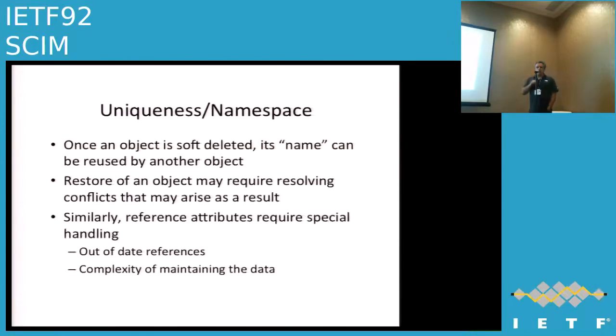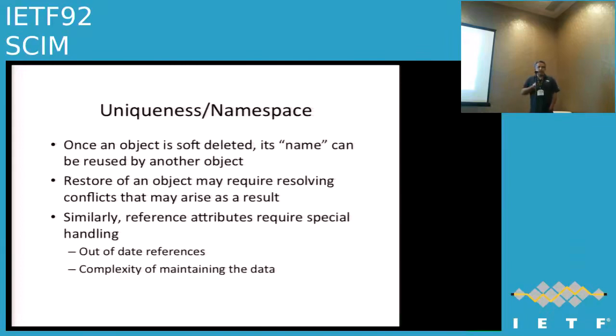Uniqueness is obviously the key part of this, because one is the first semantic that we really want to be able to recreate objects, and a really important part of it is that you may end up with a conflict when you try to undelete an object, because you allow the regular operations to take over that namespace.